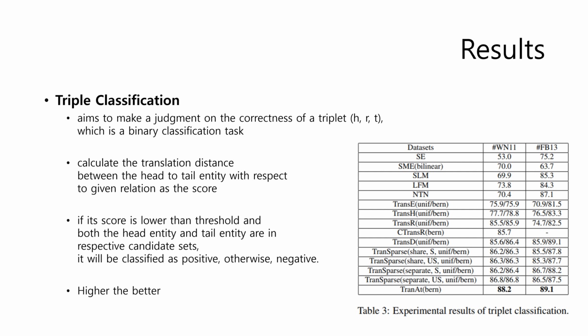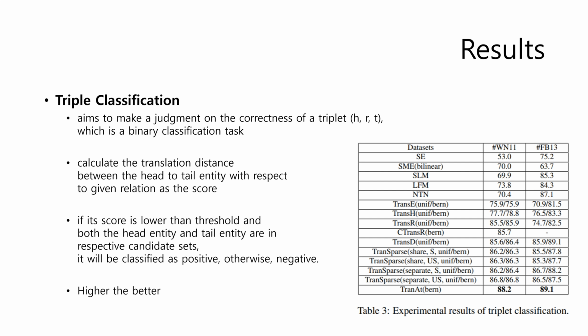Experimental results on WN11 and FB13 are shown in Table 3. Transat method have the best classification performance on both two datasets. This means our approach could find the right candidate sets with high probability.